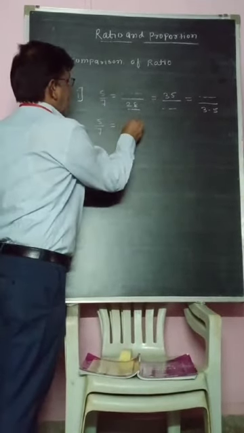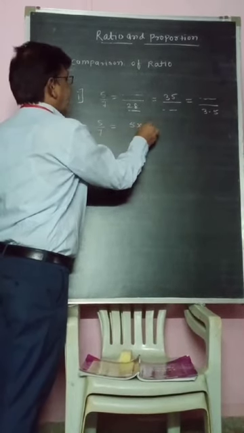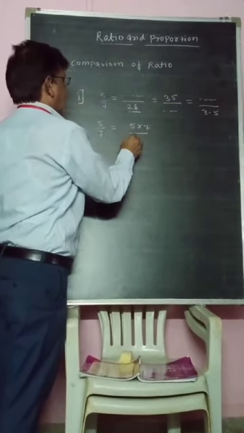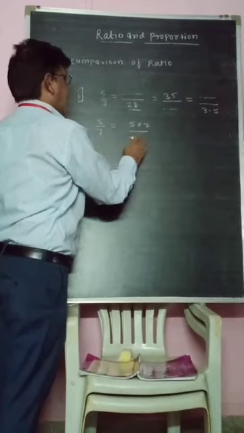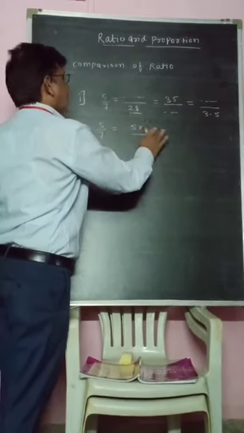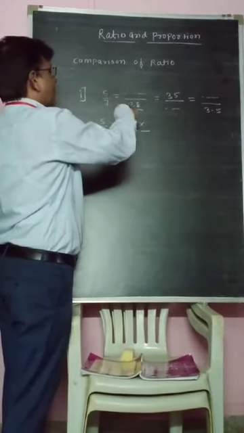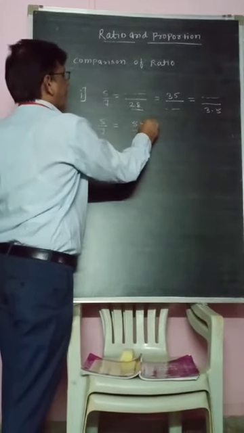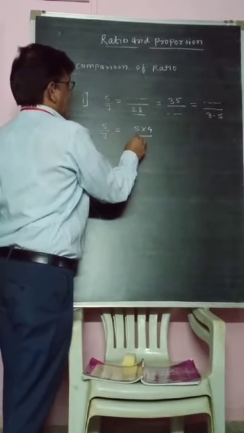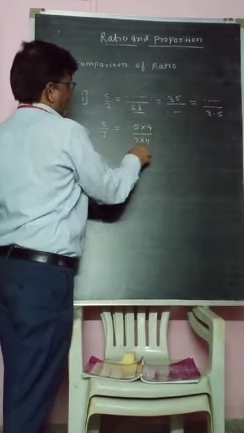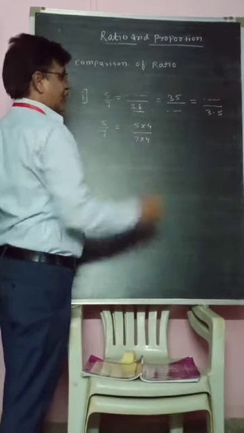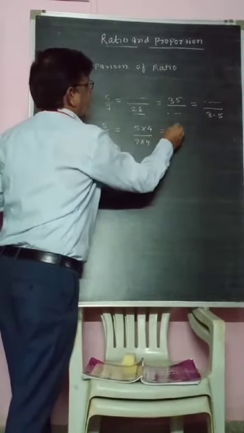So 5 into 4 upon 7 into 4. 7 into 4 is 28 and 5 into 4 is 20.